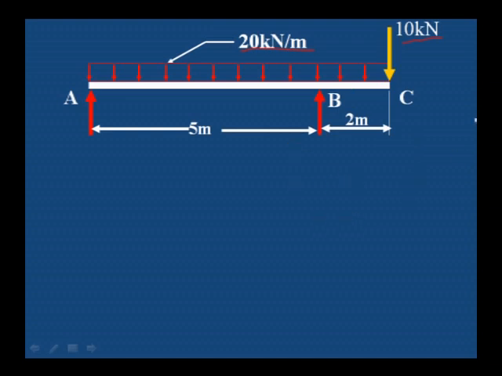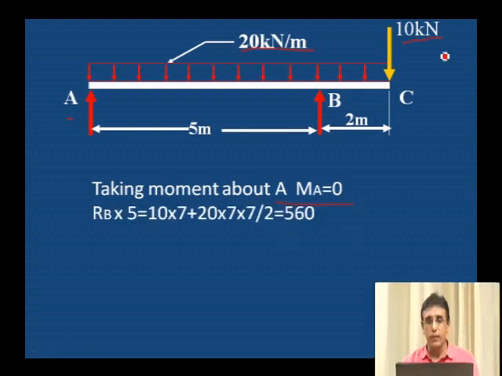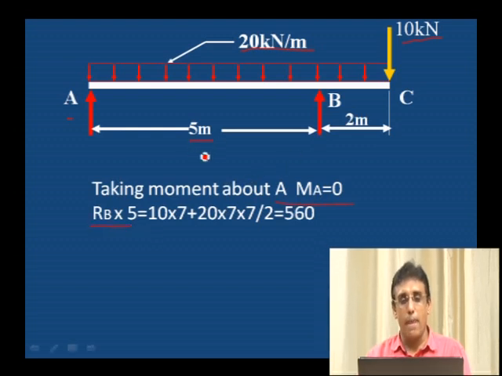Let us see how to calculate the bending moment and shear force diagram, shear force calculations. Taking moment about A, as usual, the sum of moments about A is equal to 0. RB into distance 5 meter, RB into 5 meter, anticlockwise moment, is equal to the clockwise moment.